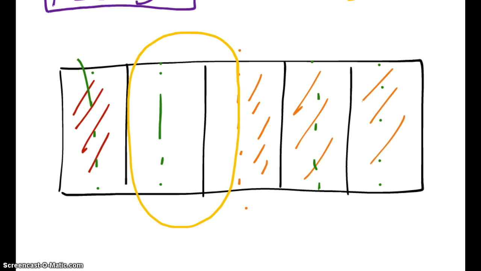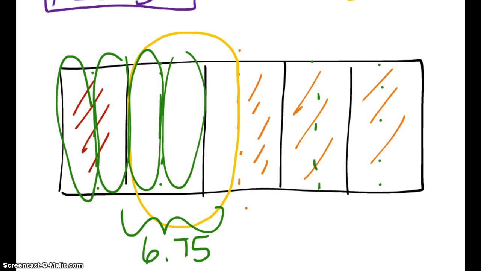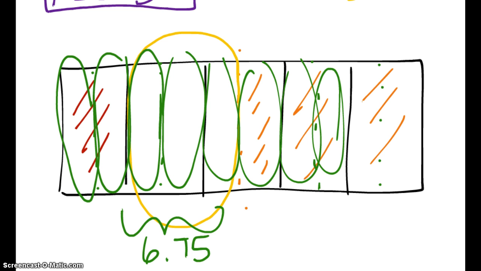And each of these pieces, so all of this is still $6.75. So now you're still going to split it. So now each of these pieces is worth $2.25. So that would be another way to look at it.